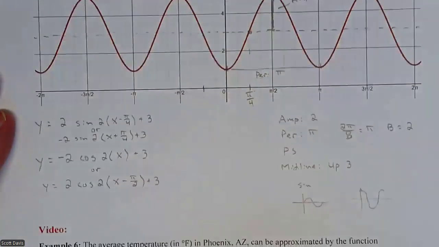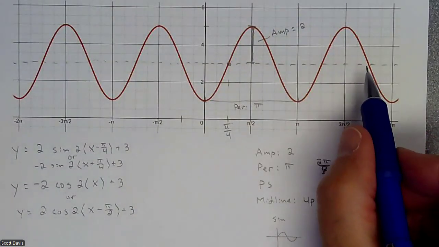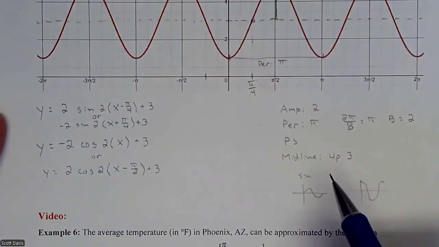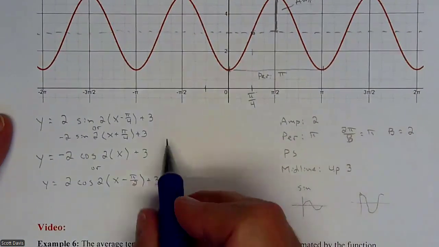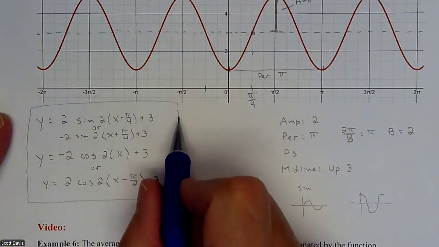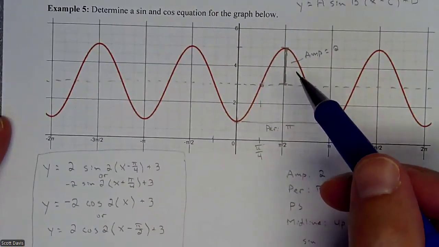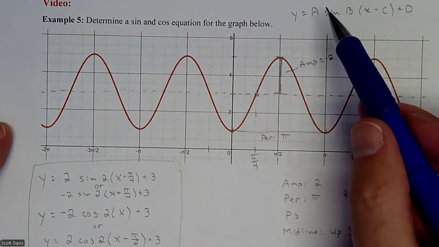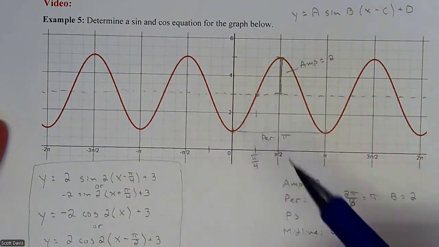So technically there's an infinite amount of these because you could have started your whole graph over here, this high point, but it potentially never ends. So lots of different answers, lots of different possibilities, but every single one of these can be written as a sine or a cosine, but you'll have to do some sort of a phase shift, whether it's a sine or a cosine, depending upon the graph.